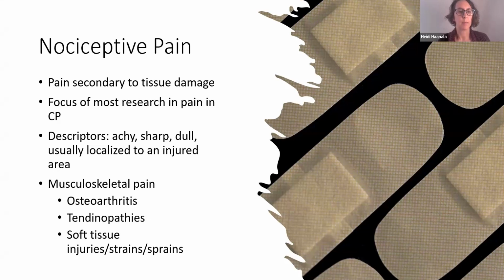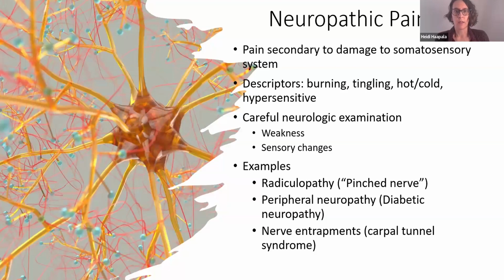Musculoskeletal pain, like pain from arthritis, tendon injuries, soft tissue injuries, sprains, and strains, could all be examples of nociceptive pain. Another common cause of nociceptive pain is pain from a broken bone or pain after surgery.